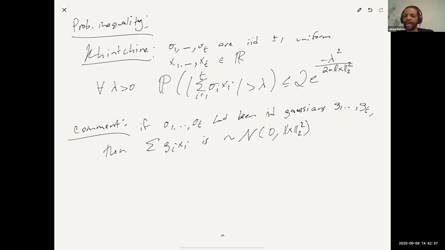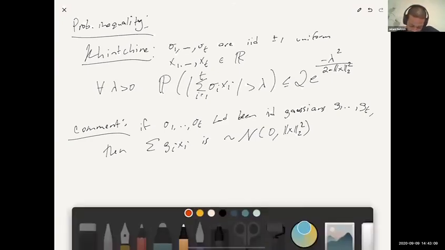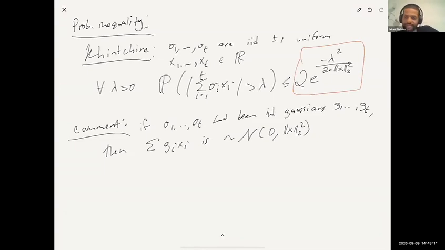Gi has variance 1, Gi times a fixed constant c has variance c squared, so Gi times xi has variance xi squared, and summing gives the sum of the xi squareds. So if these had been Gaussians instead of plus-minus 1s, the sum would just be a Gaussian. The probability that a Gaussian with variance L2 norm of x squared is bigger than lambda is exactly what I wrote here. This is the tail bound for a Gaussian.